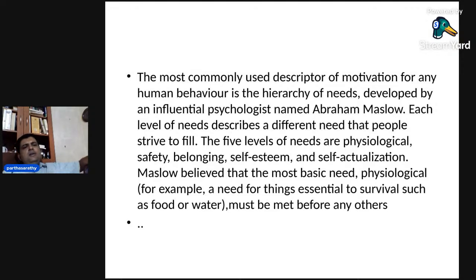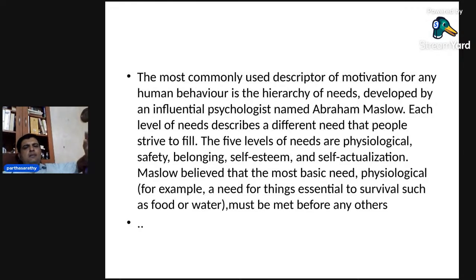That is why it is very important that motivational needs keep on going. The five levels of needs are physiological, safety, belonging, esteem, and self-actualization.